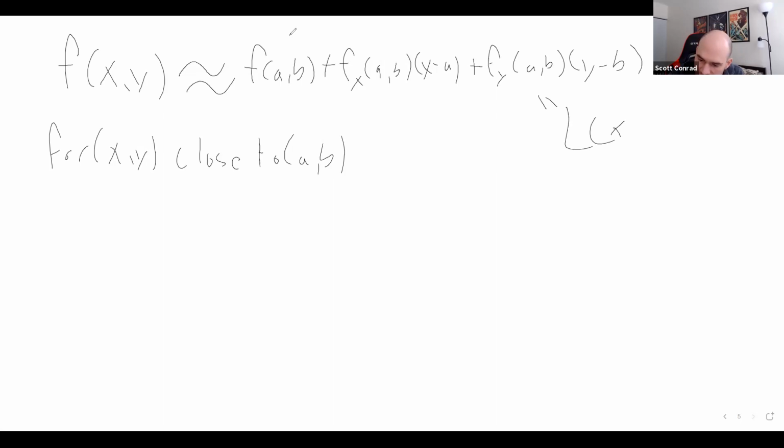It's a function of x and y. And we can use that to approximate the value of our actual function, as long as the point xy is close to AB.